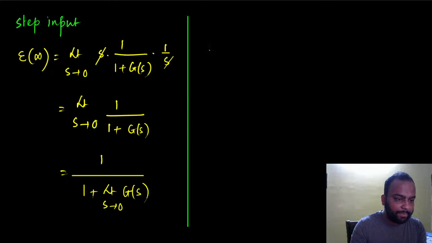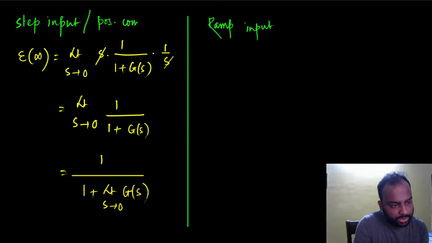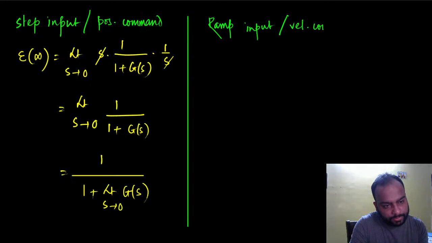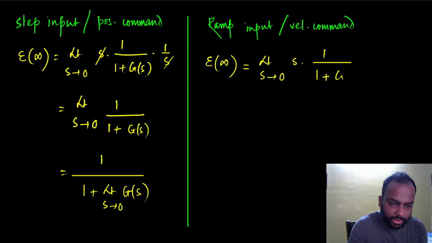Similarly, for the ramp input, or velocity input, or velocity command, say. So similarly, e infinity, the value of the error signal when time reaches infinity, after enough time has elapsed, is 1 by 1 plus G(s) times R(s).